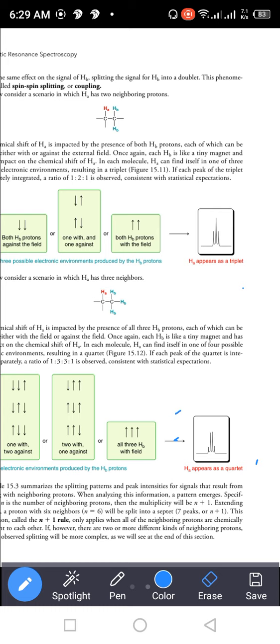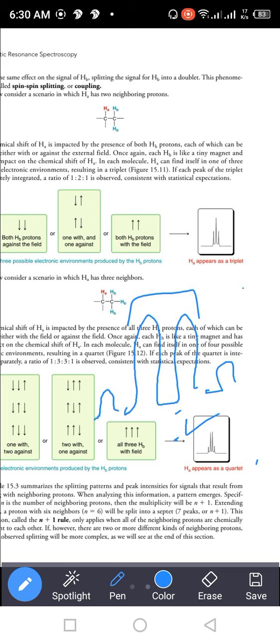And this is how a quartet is represented diagrammatically. In the quartet pattern, the central 2 peaks are bigger and taller, with equal height, and the peripheral 2 peaks are smaller, with equal height.